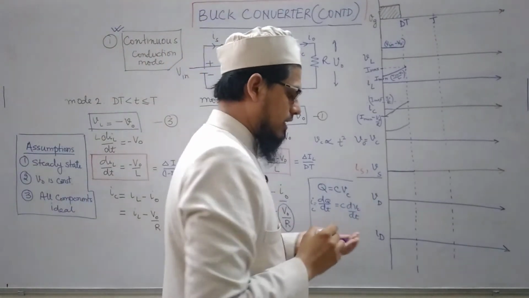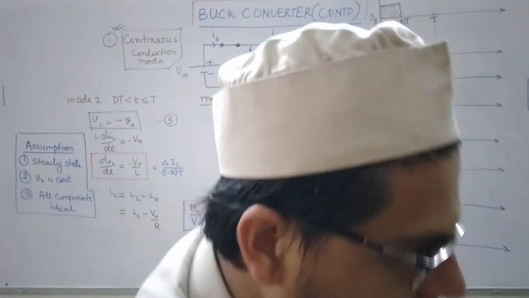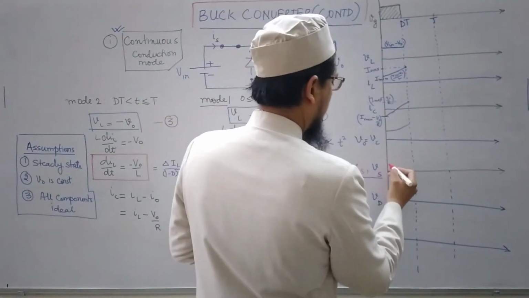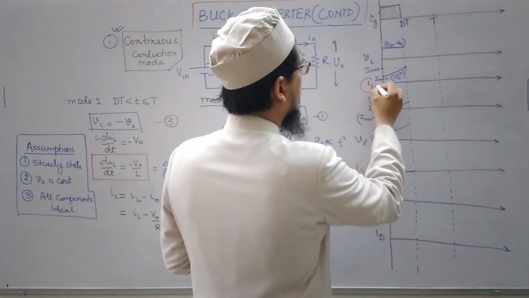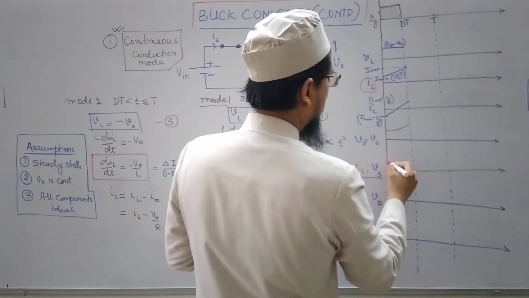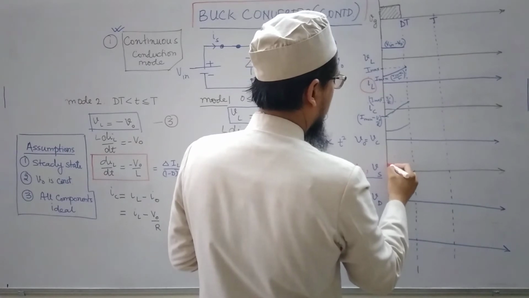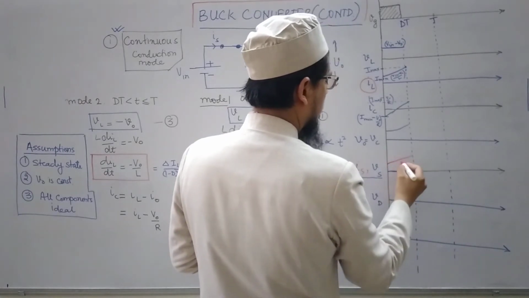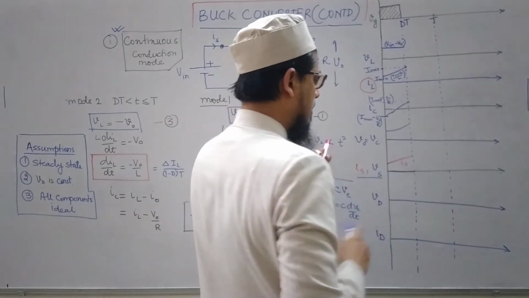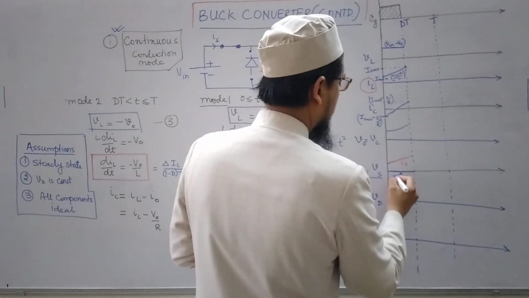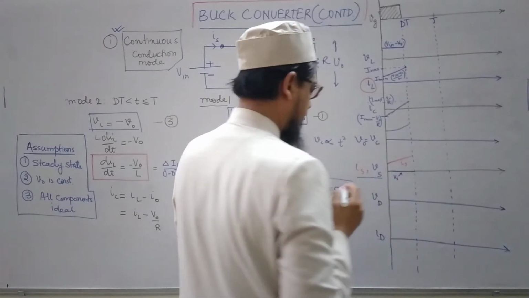Let me draw it with a different color. Is would be the same as this IL, increasing. So this is Is, while this one is your Vs.